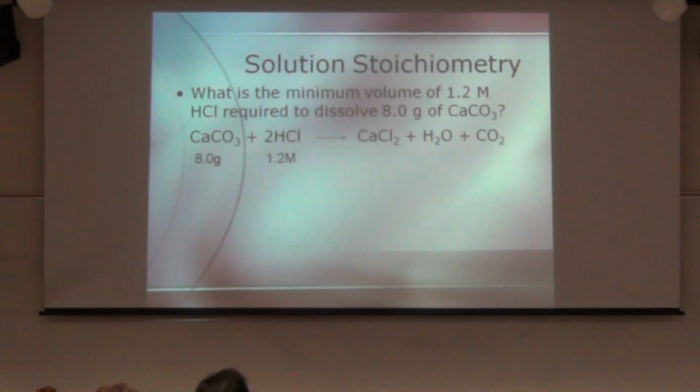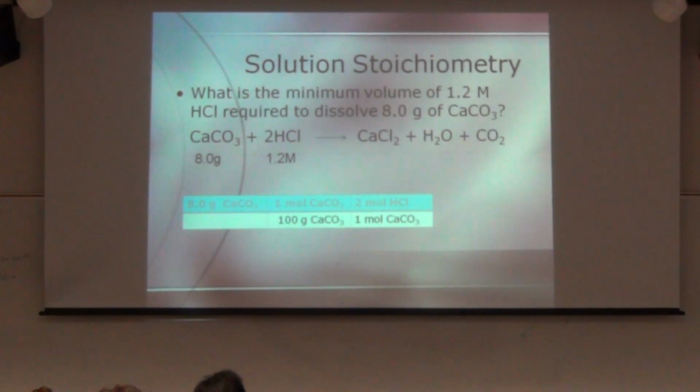In order to figure out the volume of the HCl that we need for a given molarity, we need to know how many moles of HCl. If you look at your molarity triangle, your liters of solution are going to be equal to moles over molarity. And we've known how to get from moles of a reactant to moles of the other reactant for quite some time.